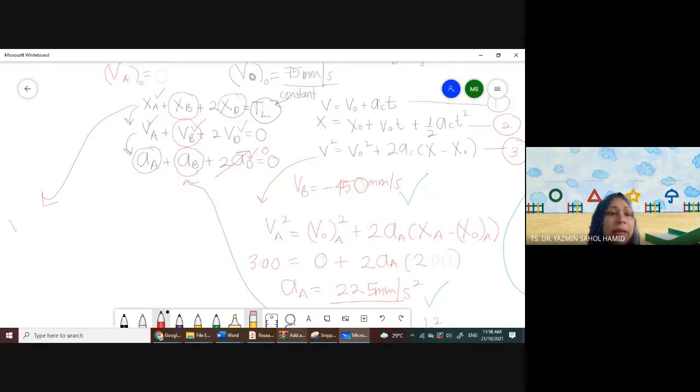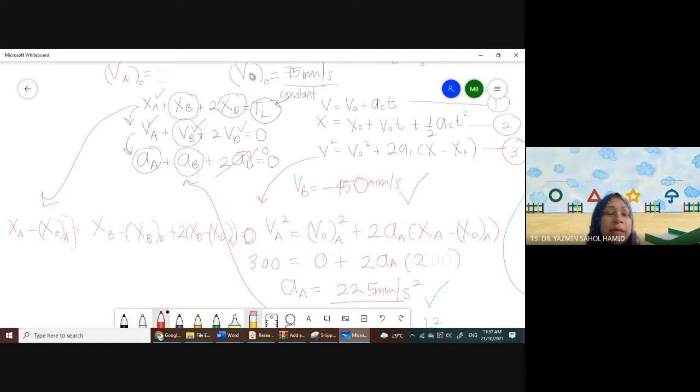XA minus X naught A, plus XB minus XB naught, plus 2 times XD minus XD naught equals the total length, equals 0. You know why 0? Because the X naught A, the initial position, will be brought to the other side, so it becomes zero. Okay?